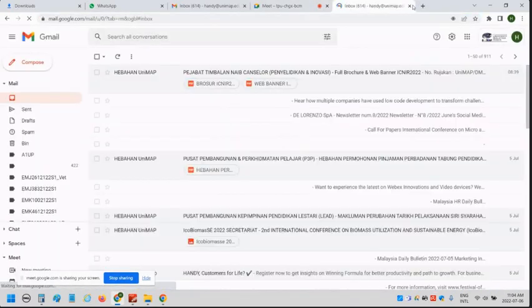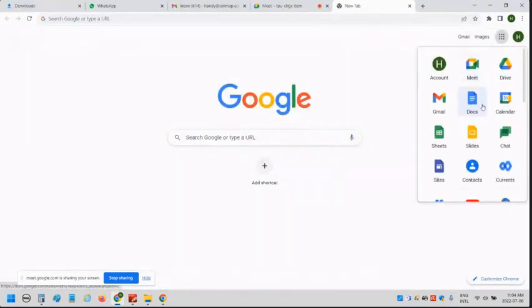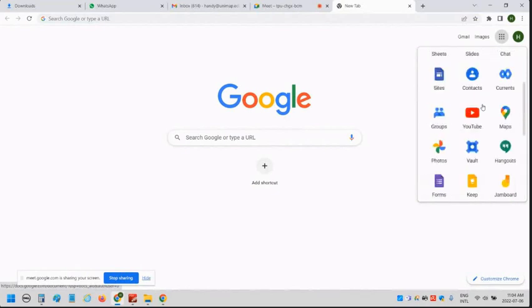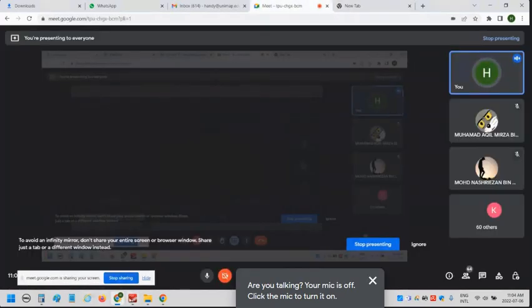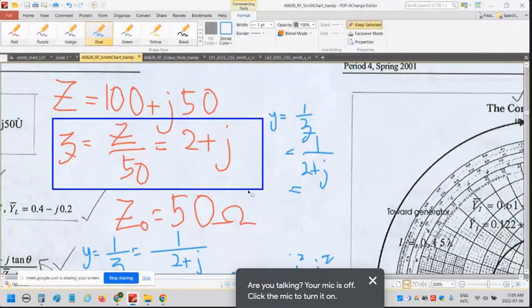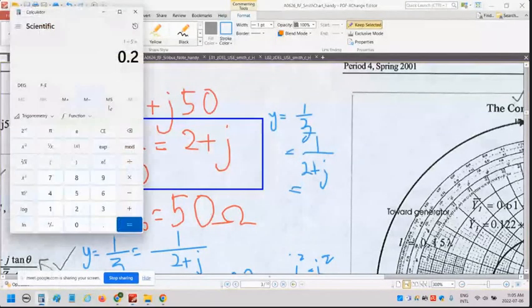What is the value? Anyone? The value you should get, 1 divided by 2 plus J. What is the value?